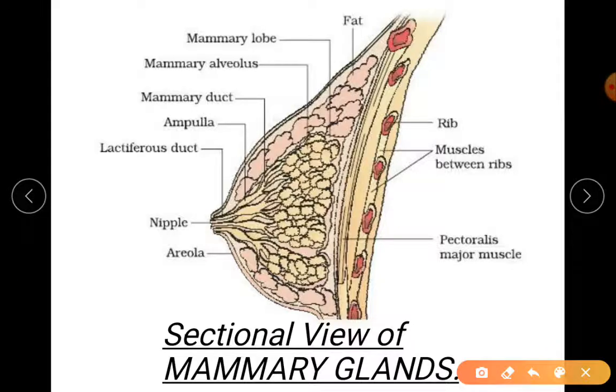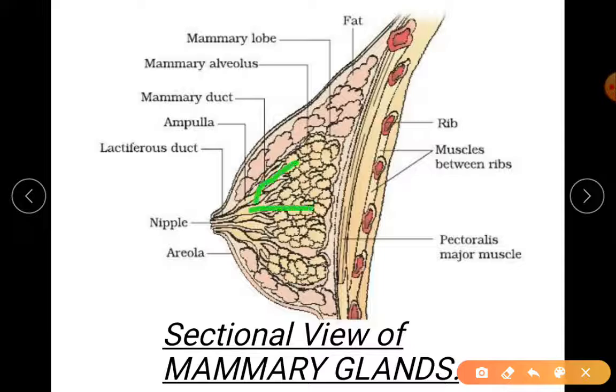So observe here, you can find certain structures like this. Inside that again you can find the cloud-like structures. You have to know those, whatever I've told, like these structures, those are your lobes, and within them you can find the small clouds, that is your alveoli, alveolus singular, alveoli plural.